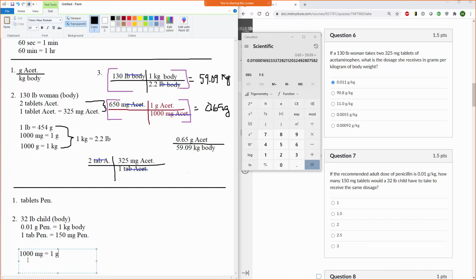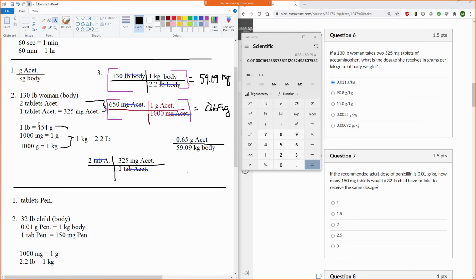You guys like that one? That's great. And then Erica notes we're going to want the 2.2 pounds is equal to 1 kilogram. Again, I'll give you either that or this one here on the exam. All right, and of course these ones apply to anything.